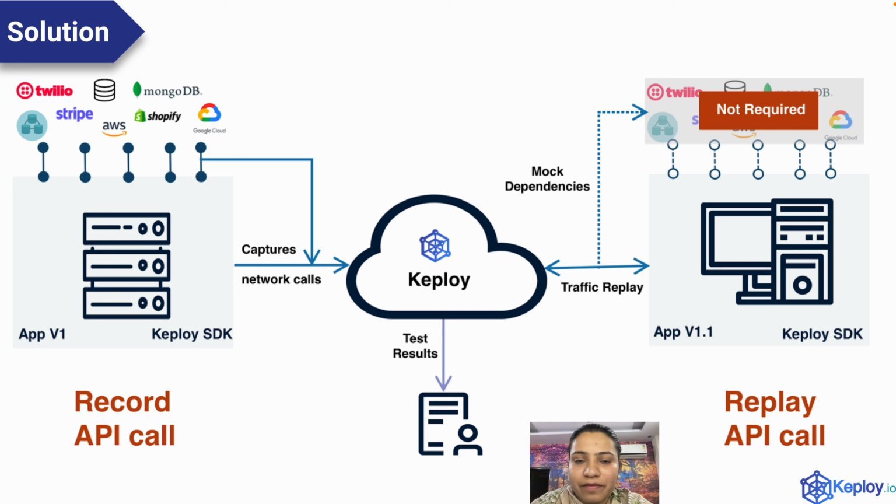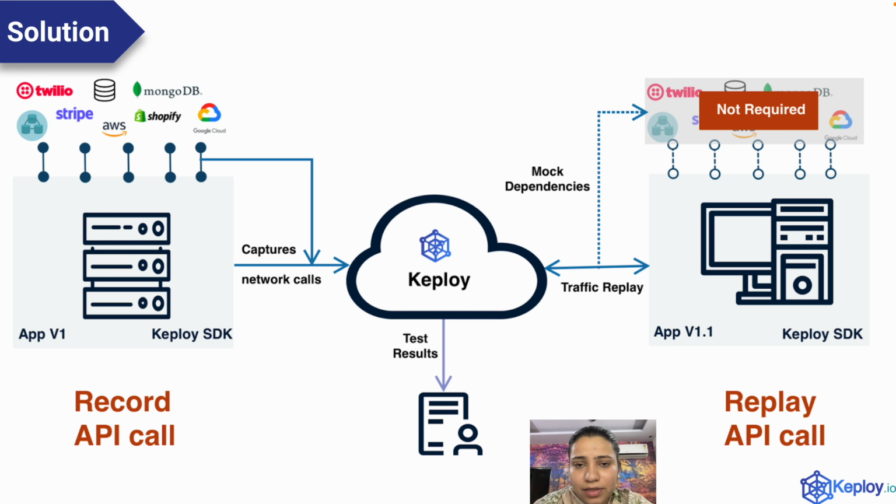Next time, whenever you develop a new version of your application, you just run the application in the test mode. Keploy is going to download the previously captured test cases and run it one by one with your application.